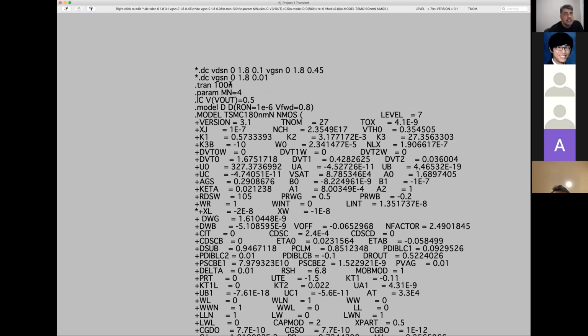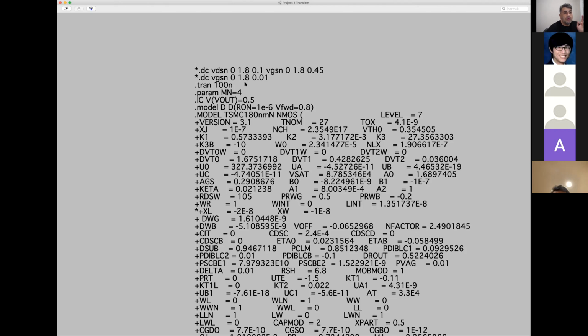It'll simulate until it reaches 100 nanoseconds, and it'll decide what step sizes to use. Or you could set the maximum step size. If I wanted the maximum step size to be 1 nanosecond, I would do .tran 100n and then a space and 1n for 1 nanosecond.